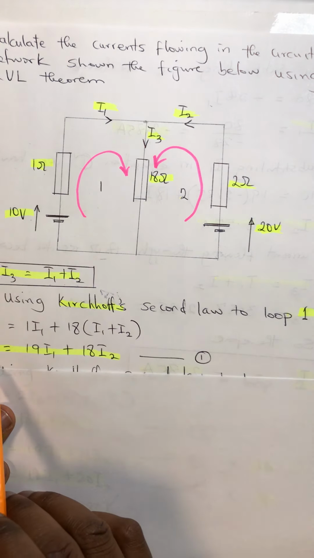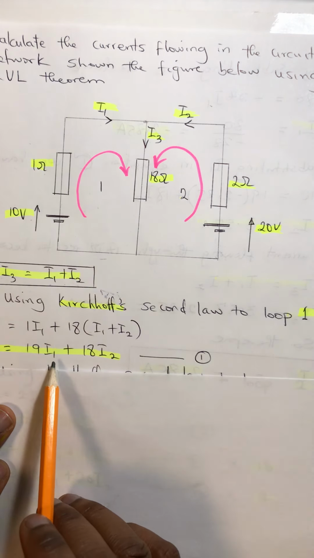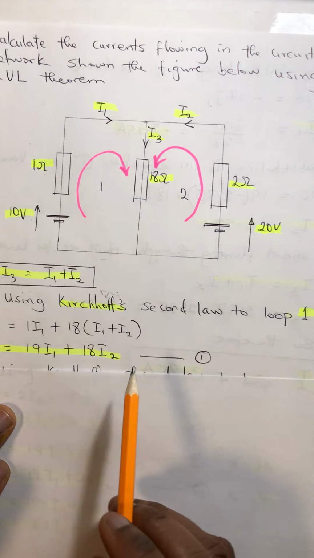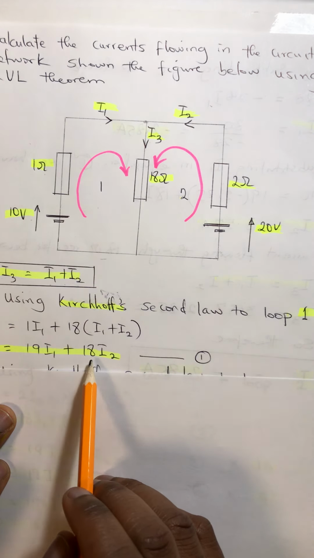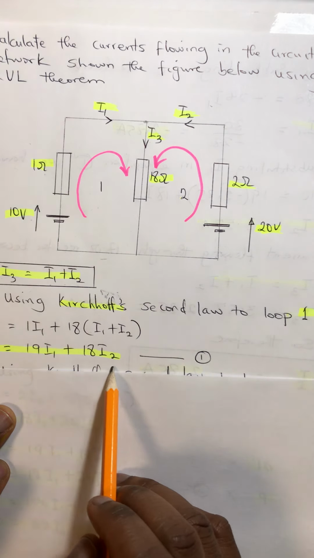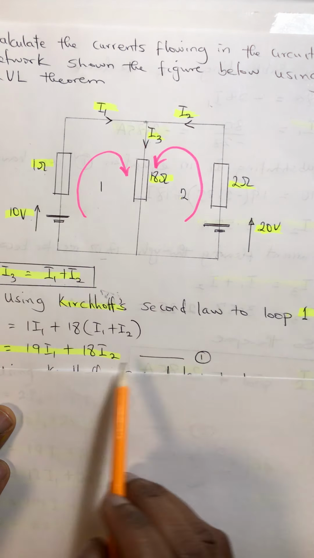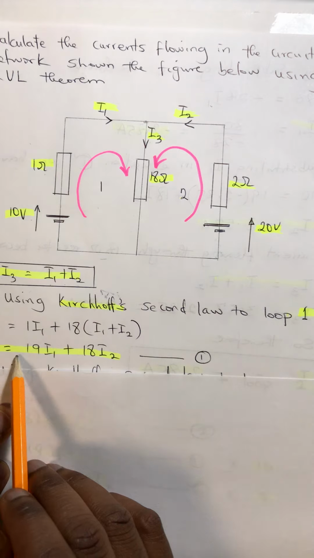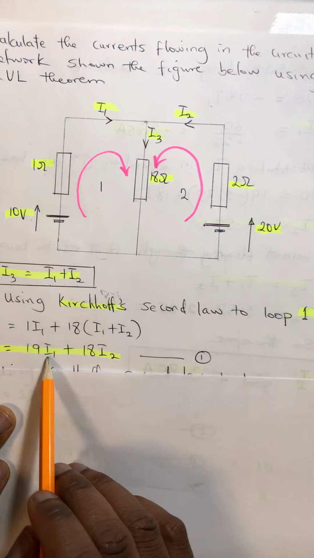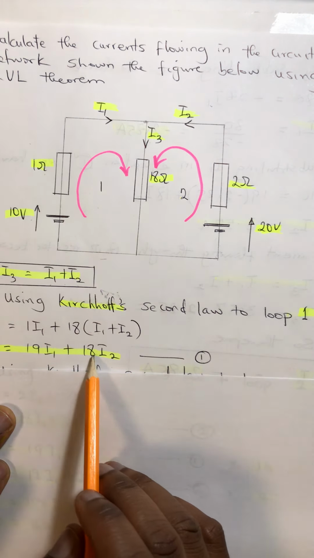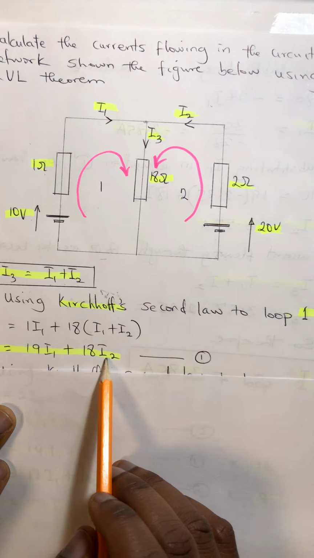Then we have 10 equals 19 I1 plus 18 I2. So our equation 1 is 10 equals 19 I1 plus 18 I2.